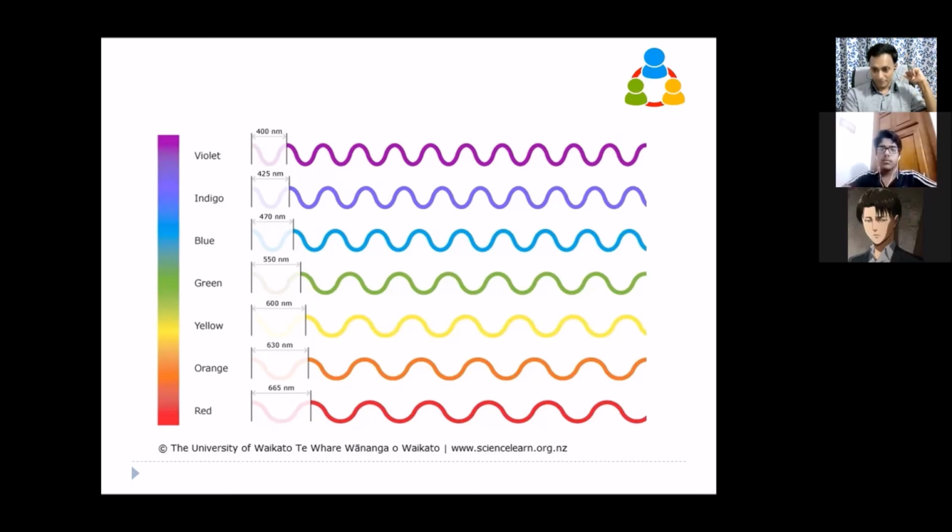So in light, the one with higher frequency has more energy to go further. Exactly. Higher frequency needs more energy. But it can't overtake a big obstacle. If there's an obstacle of this size, it can't overtake, but this size obstacle, it will jump and go.